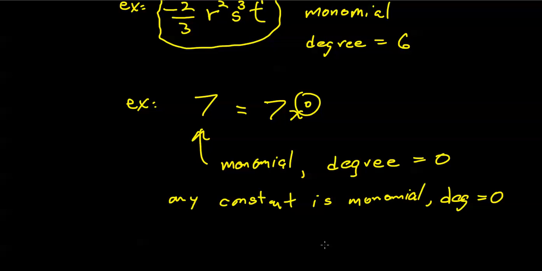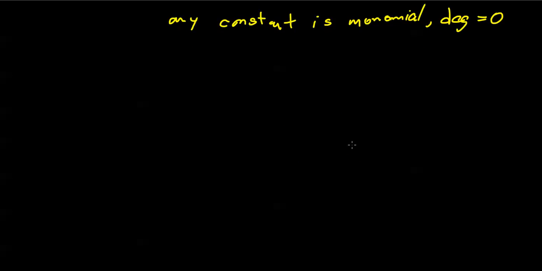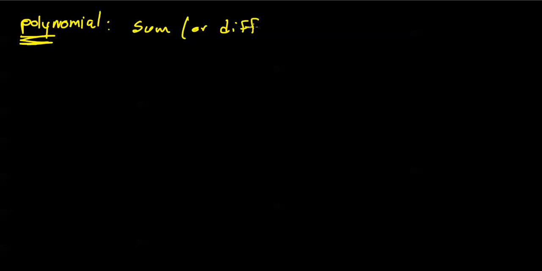So we've defined what monomials are, and we know how to classify them by degree. Let's talk about polynomials. The Greek prefix poly means many, and once we've defined monomial, the definition of a polynomial is easy. A polynomial is nothing more than the sum or difference of monomials.